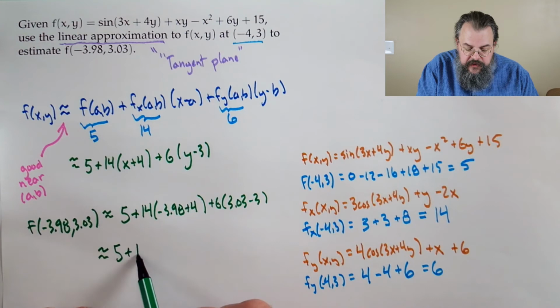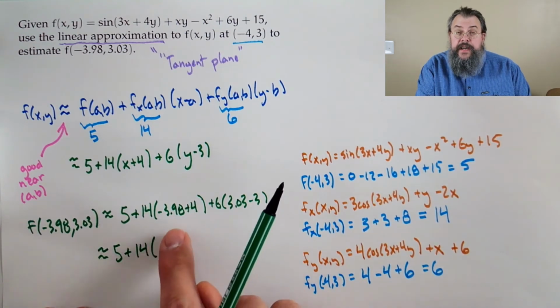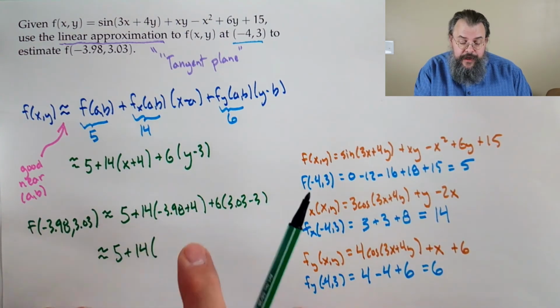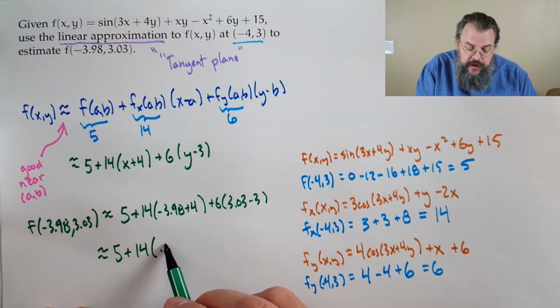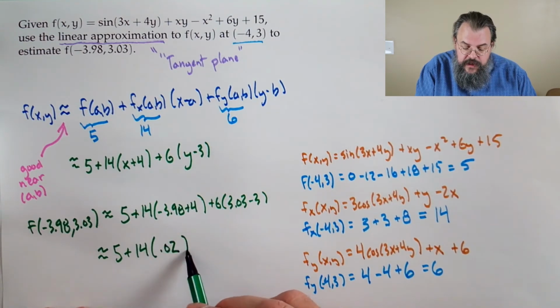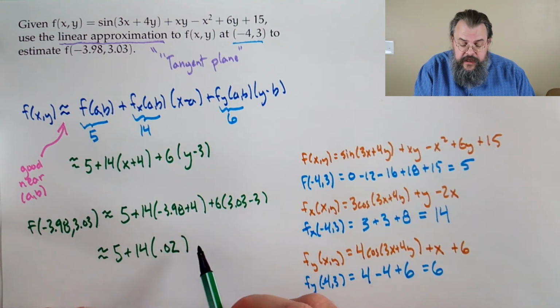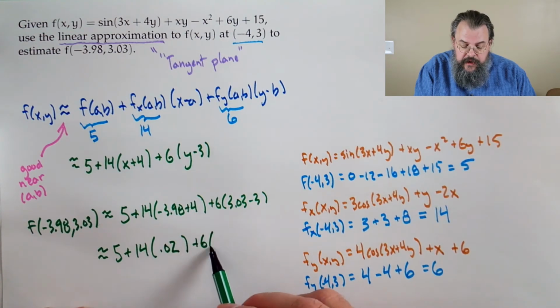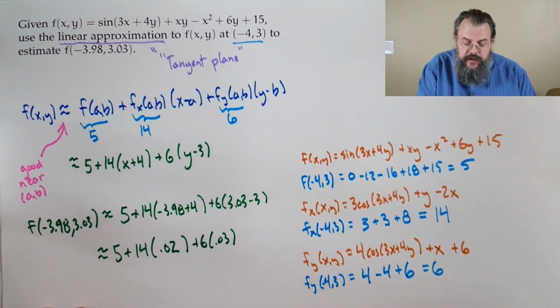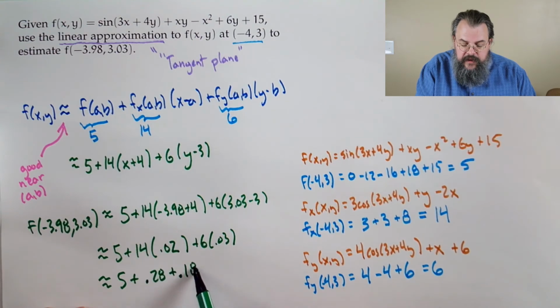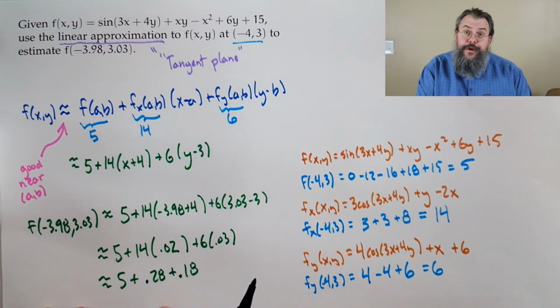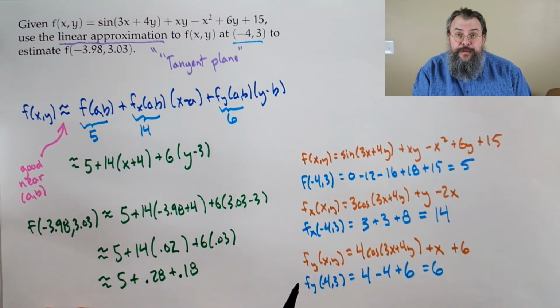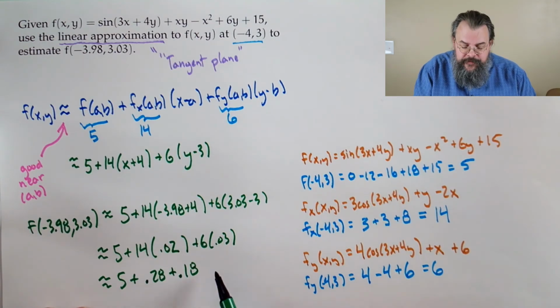Negative 3.98 plus 4 gets us 0.02, and 3.03 minus 3 is 0.03. So we have 5 plus 0.28 plus 0.18, and 0.28 plus 0.18 is 0.46.